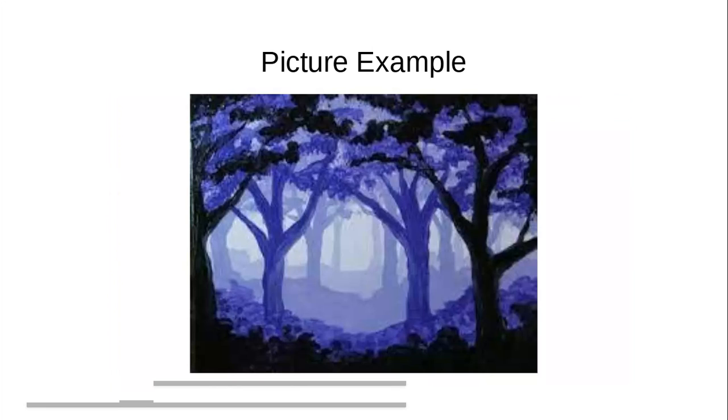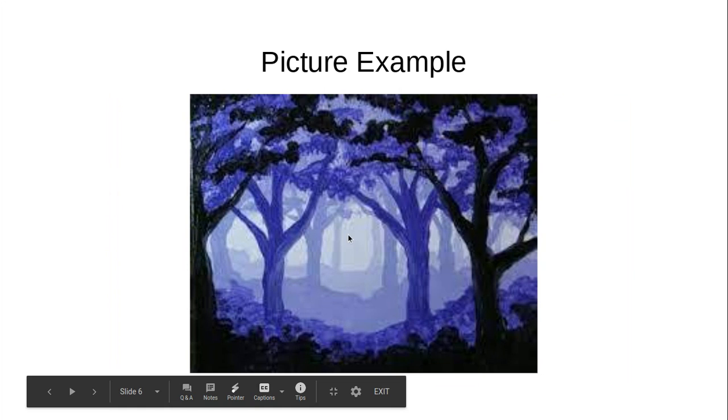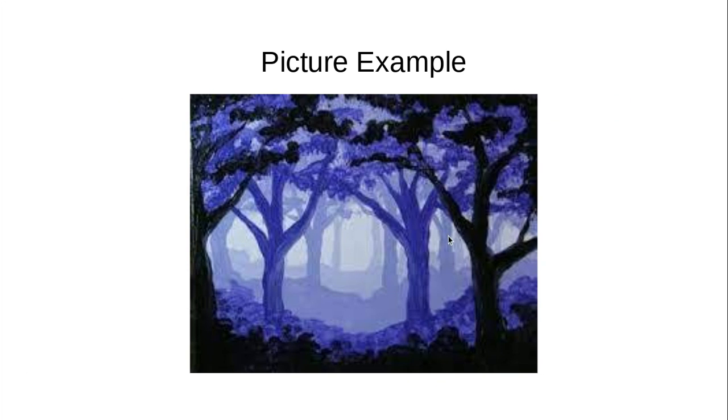Here is a picture example of these things being put together into one picture. Notice that the tints, so the blue plus the white, are all the way in the back. The tints tend to be in the middle and closer to the top to make it look like things are further away from you in a painting.